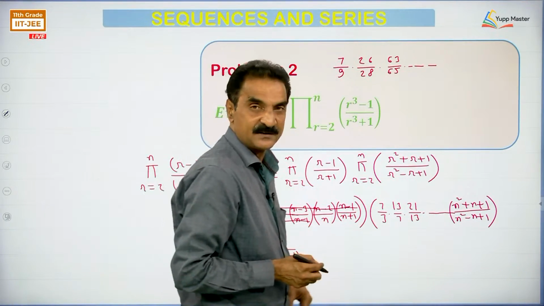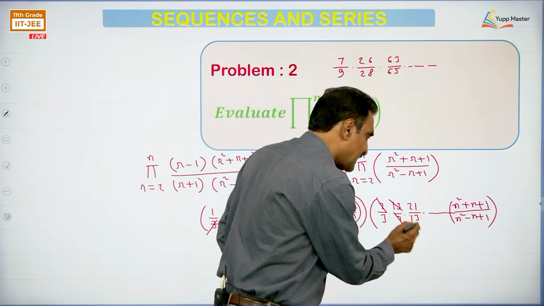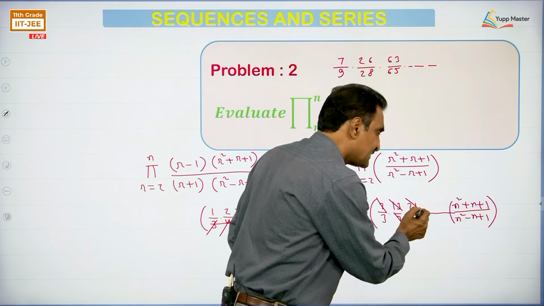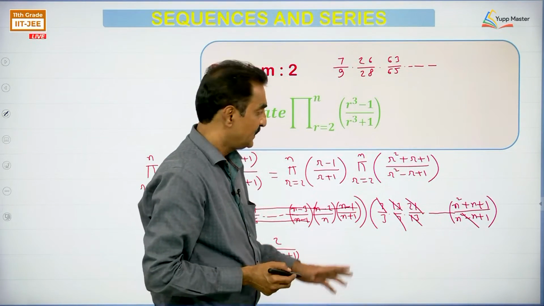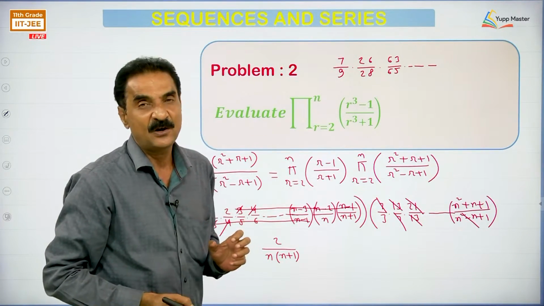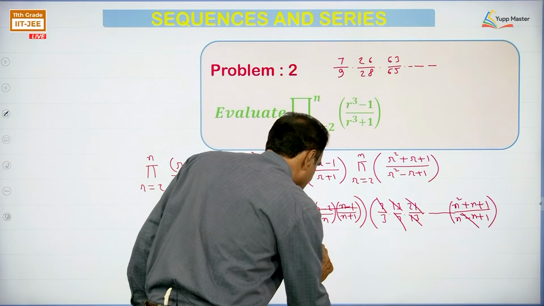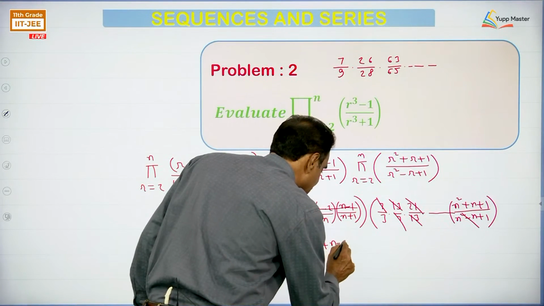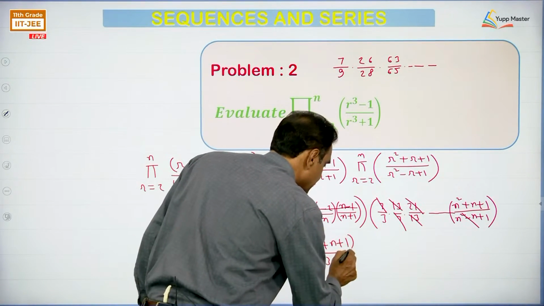In the second product, see 7 cancels, then 13 cancels. Diagonally, if you cancel the terms, n square minus n plus 1 will cancel. So, the last factor of the numerator and the first factor of the denominator will be remaining. So, what is the value of the product? n square plus n plus 1 by 3. Alright.